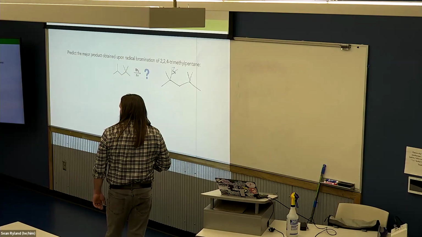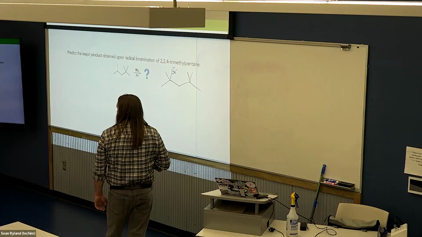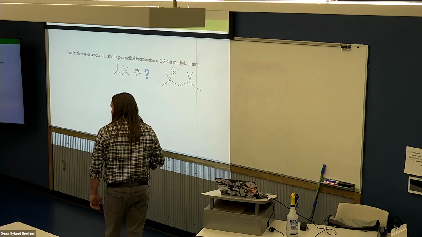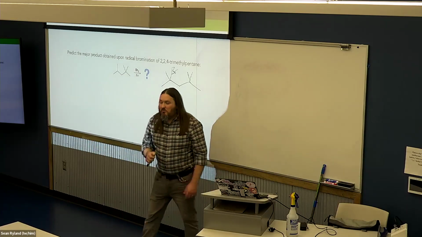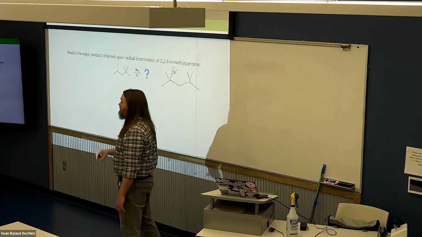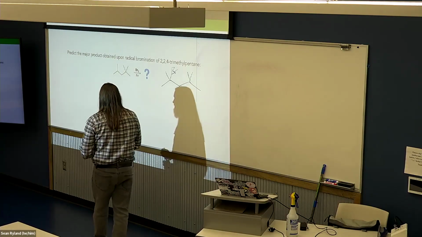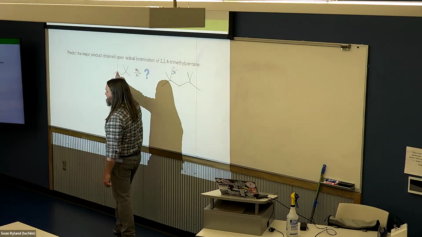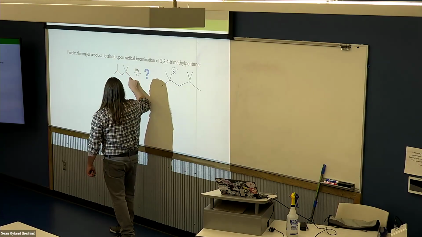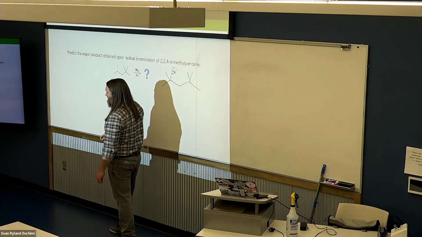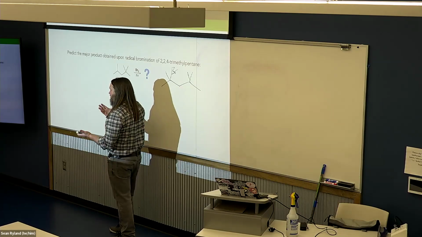Would you ever have a product with chlorine there? I certainly might. I won't ask you to predict which one's the major necessarily, because that depends a little bit on the probability. There's one hydrogen that gives you the tertiary, and there's 9 hydrogens that give you that product. So that's in that gray area.